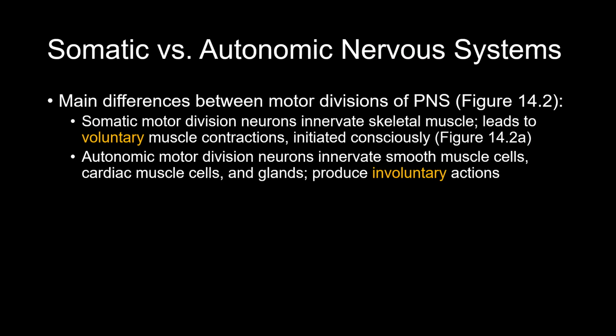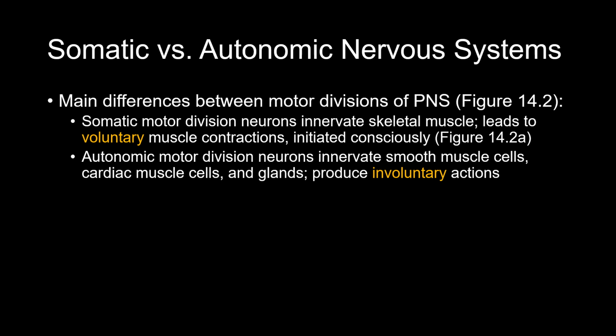So yes, the biggest difference is between the somatic nervous system that we've already discussed and this visceral motor system. The somatic motor division is basically somatic motor neurons innervating skeletal muscle fibers, and that is mostly voluntary.